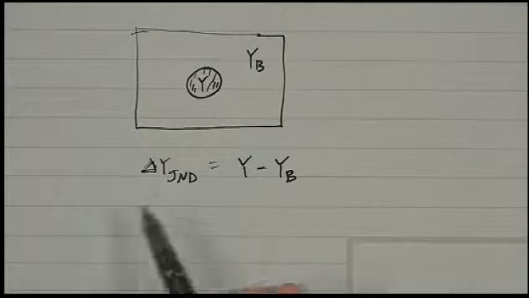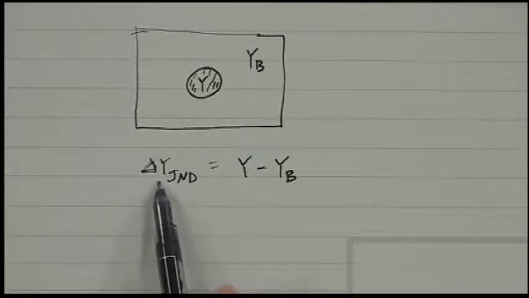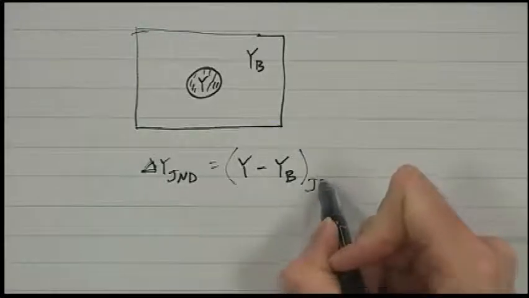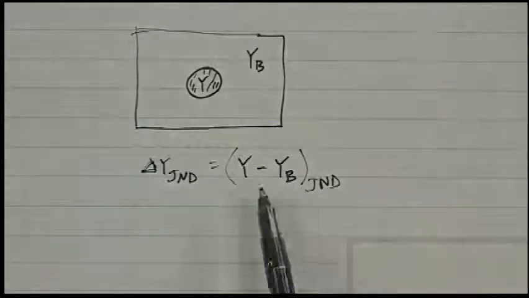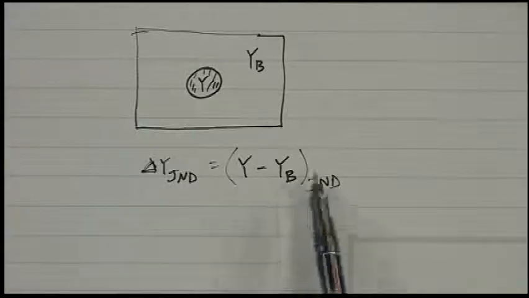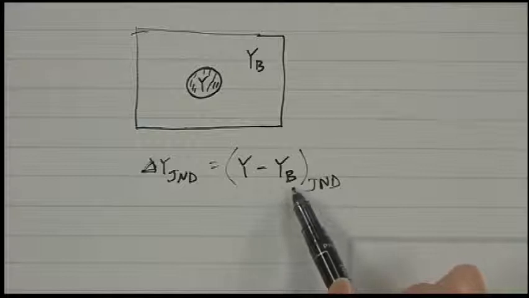If you look at this delta Y, maybe I should put JND in parentheses, if you look at this function, Y JND, what you find is that it's actually a function of this background luminance.